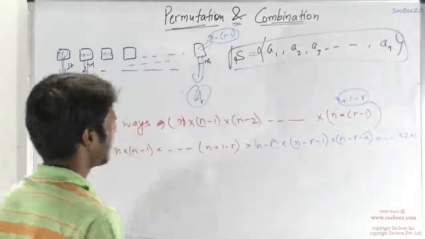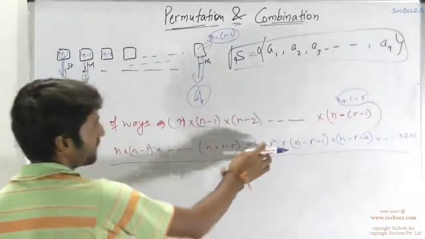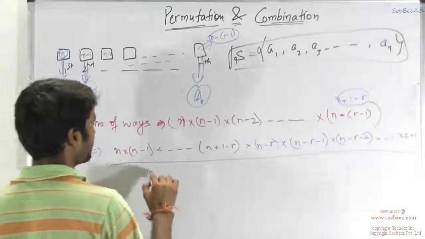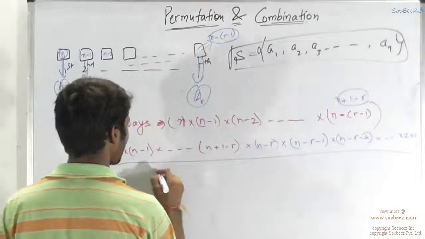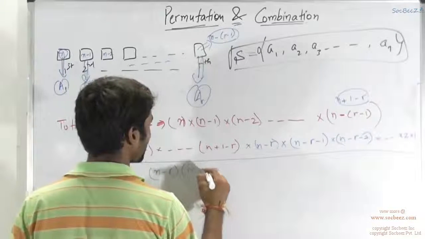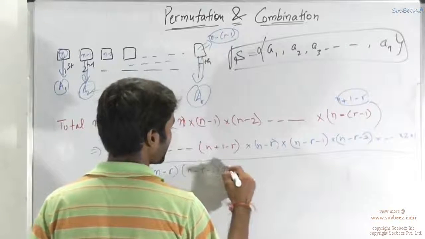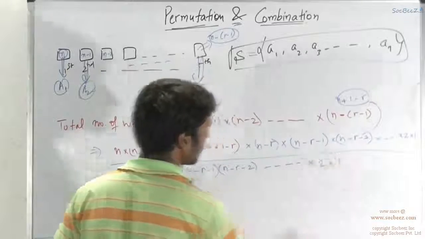That is, you multiply it with the decreasing sequence of natural numbers beginning from n minus r, and divide it by the same expression, that is n minus r into n minus r minus 1, n minus r minus 2, continued to 2 into 1.